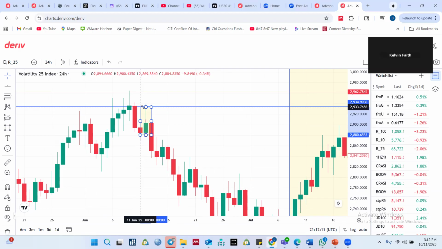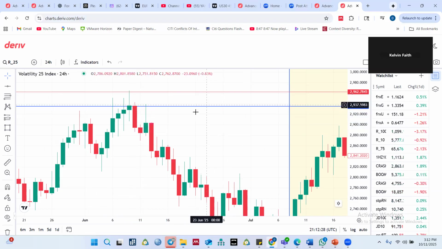And we see a rejection from there. These two signs, engulfing, indicated by a close below, and then rejection, show that this blue line, that exact price or area, is a strong point.